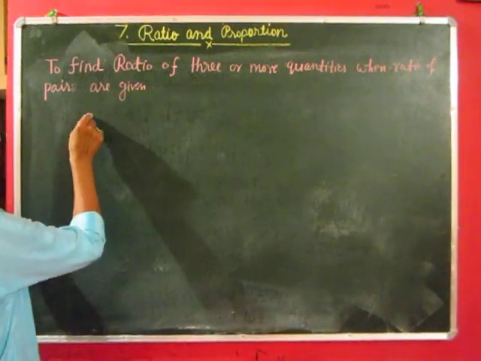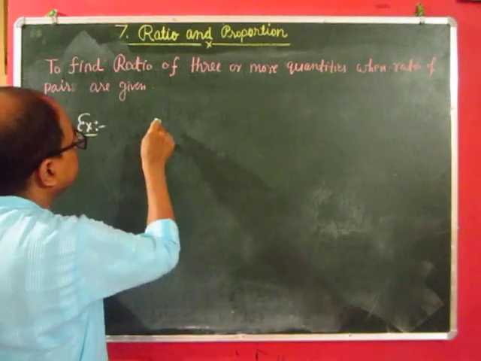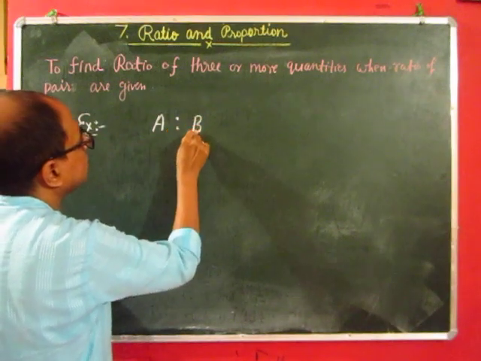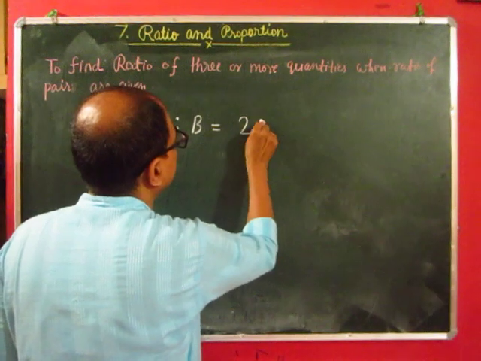Suppose the ratio of A is to B is given, equal to 2 is to 5.